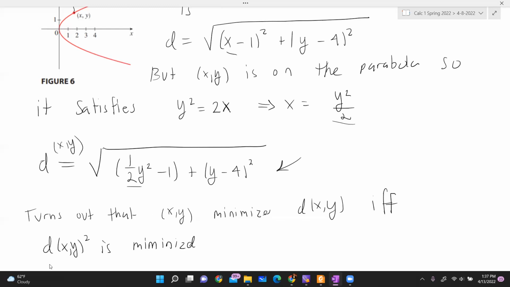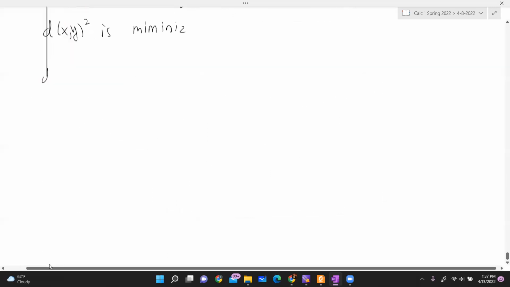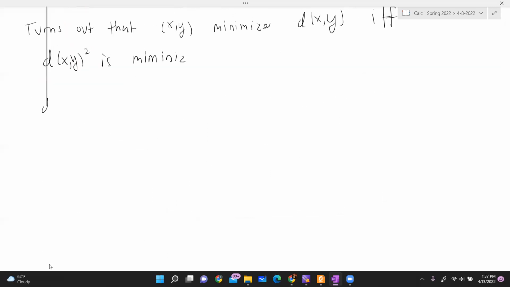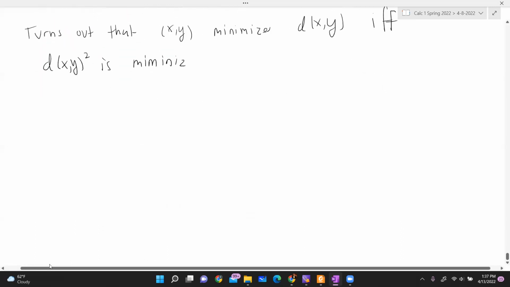And that's helpful because that will allow us to get rid of the square root.